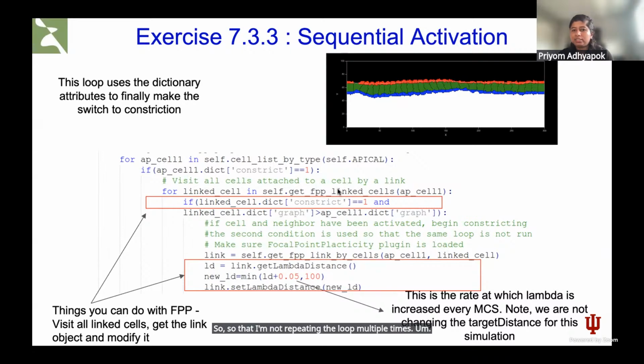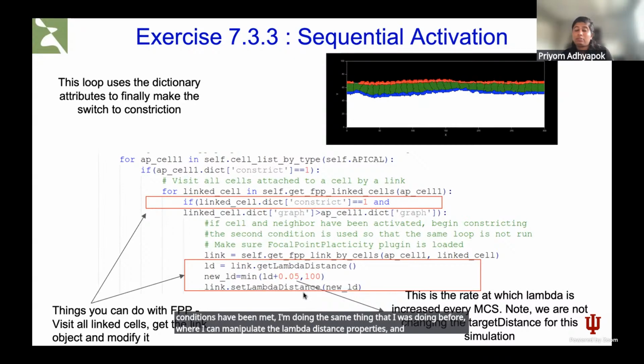Once these conditions have been met, I'm doing the same thing that I was doing before, where I can manipulate the lambda distance properties, and I can also do similar things with the target distance. In this case, I haven't played around with it, but feel free to do so.